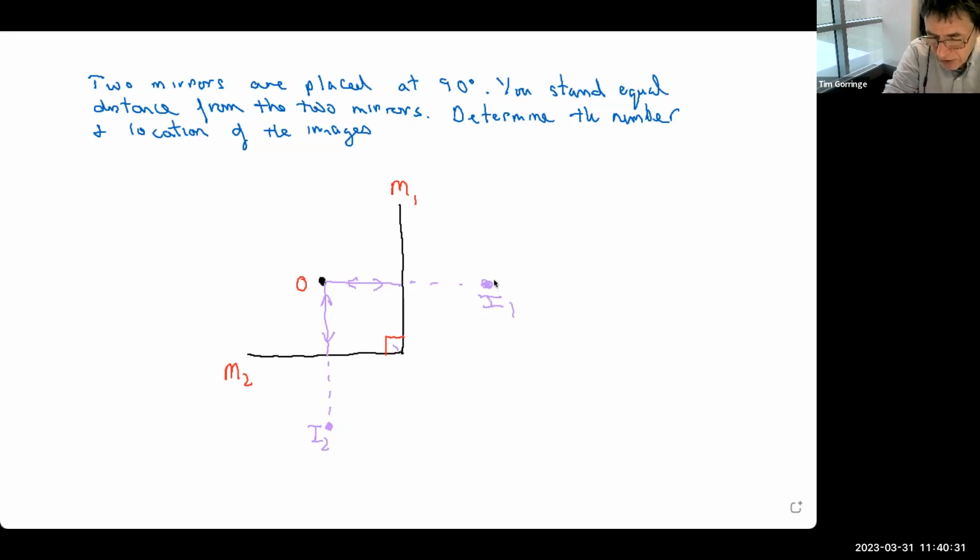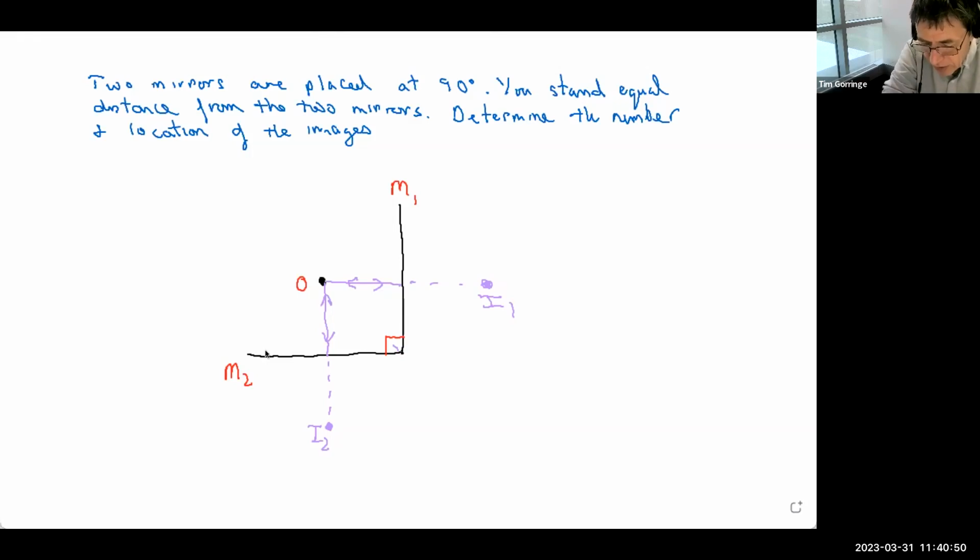The other way of thinking of it is that it's an image created by the first mirror, where the object is the image I2 that was created by the second mirror. So let me draw these cases.